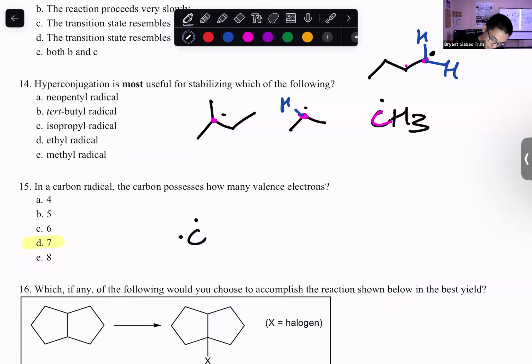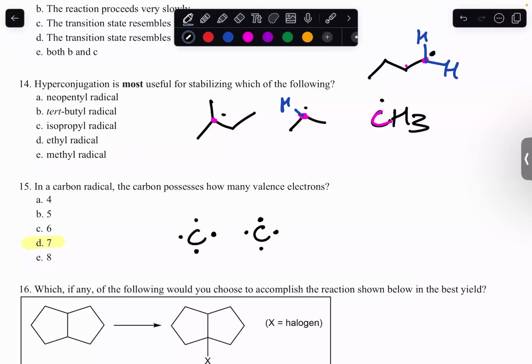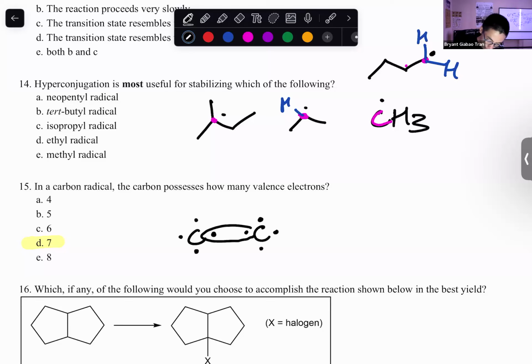Carbon usually has 4 valence electrons like this, so I'm drawing out the valence electrons of that carbon right there. Now I'm going to draw out the valence electrons of another carbon atom like that.